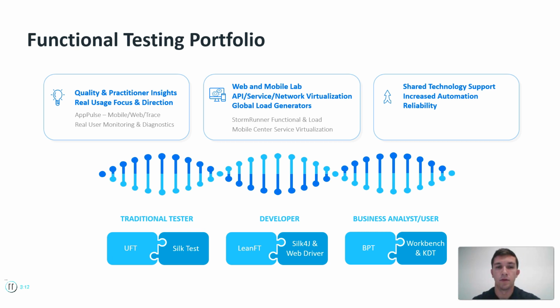Whereas the ones that we're seeing below, like Unified Functional Testing, Silk Test, LeanFT, Silk4j, BPT, Workbench, all these tools are basically what you're going to use to get the test script going, get it created, and then where StormRunner Functional really fits in is after we've got those test scripts created, now what do we do with them?